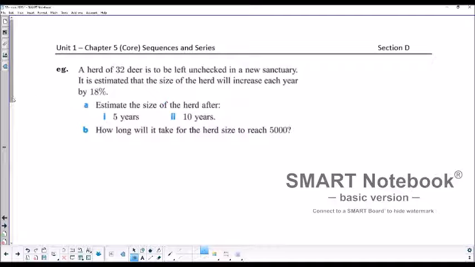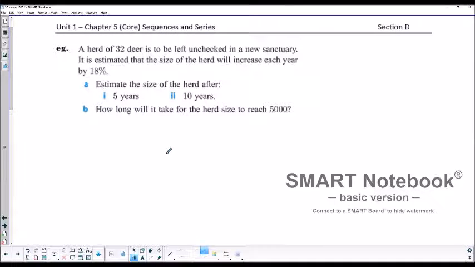And now we've got a herd of deer. And there's 32 to begin with, and they're left unchecked in a new sanctuary. And of course, there's going to be an increase this time by 18%. So the 18%, as you can probably figure out pretty quickly, we use a decimal as 0.18. And we want to estimate the size of the herd after 5 years.